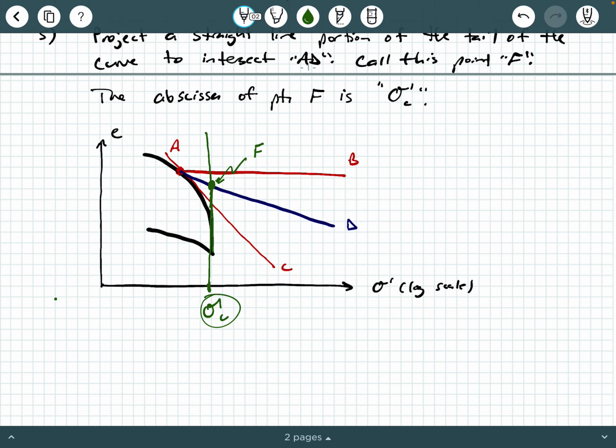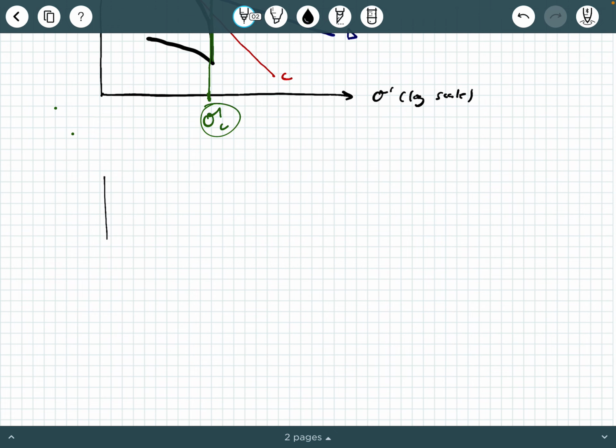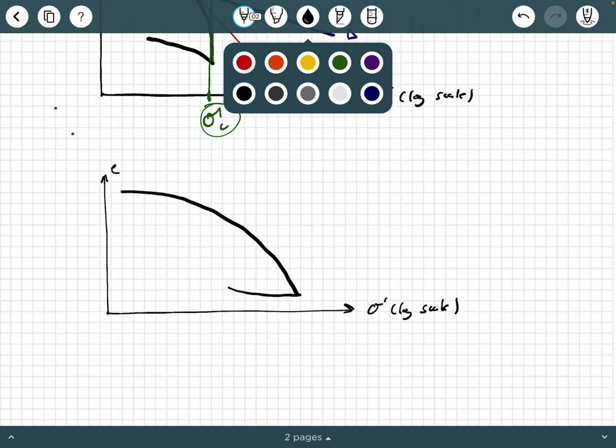So again, let's say we had a different shape of data. Here's e, here's sigma prime on a log scale. You could have data that's very shallow like this, and then maybe some unloading data like this. The data shape is going to be something like this, but not necessarily as steep as the one I just drew.